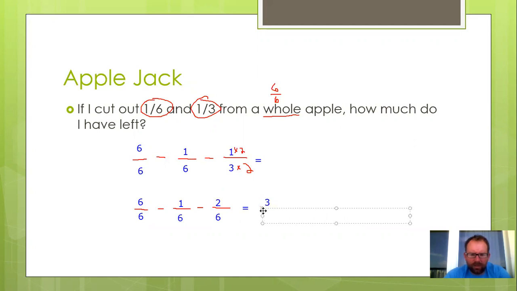It will not change. 3/6, which can be simplified by dividing them both by 2.